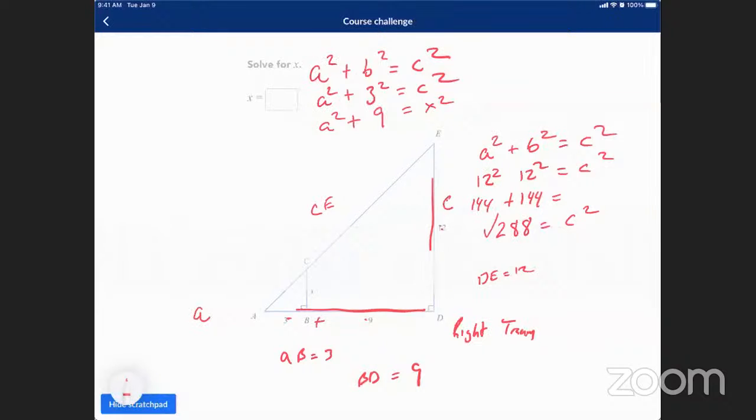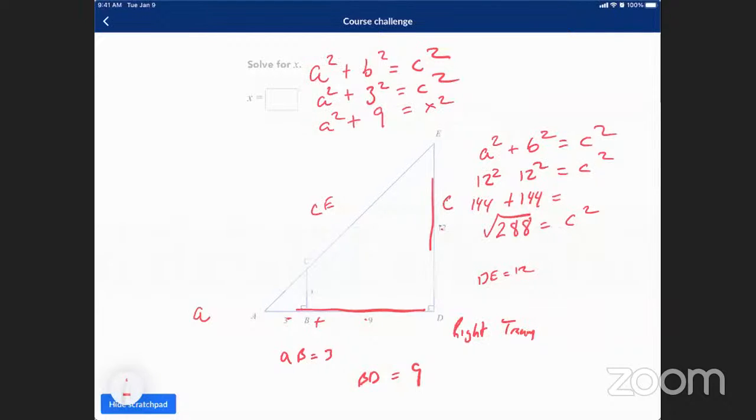It will be something like this. I'm just going to find the square root real quick. Because if this is a squared and there's b squared, we put that in here.